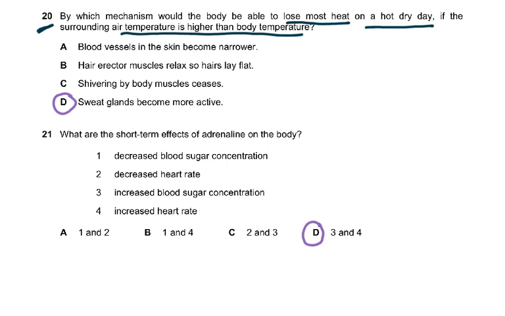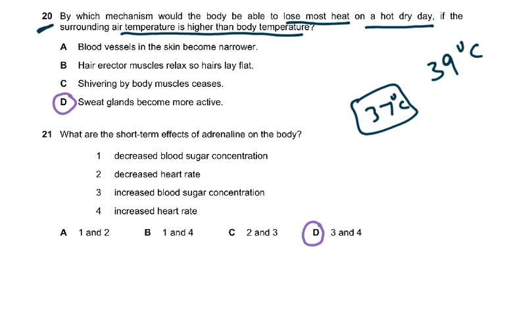So you can't lose heat any other way, because if the environment temperature is higher than the body temperature, it means that your body temperature is at 37 and the environment temperature is at 39 degrees Celsius. So you cannot lose heat in many ways. So sweat glands become more active because more sweat is produced and the sweat evaporates and cools your body down.